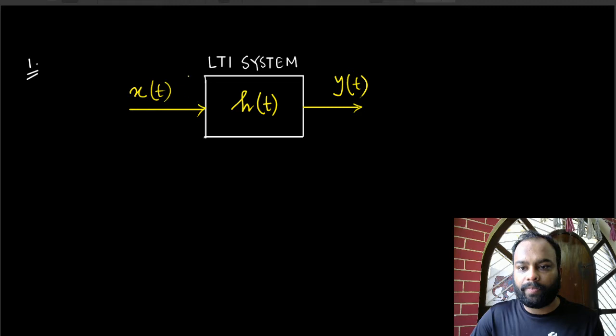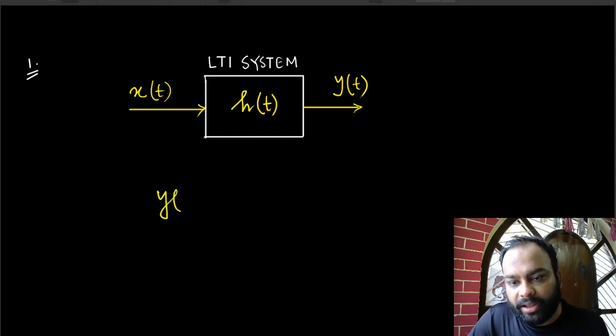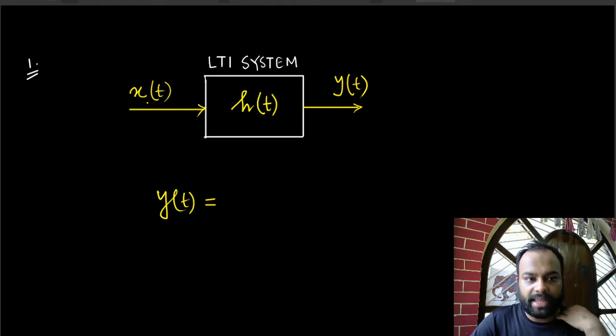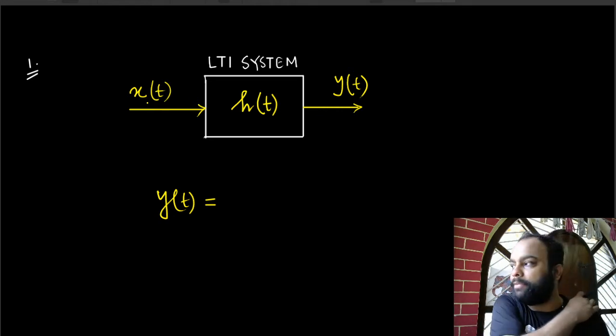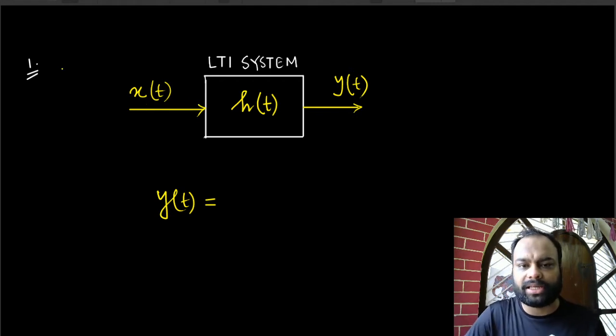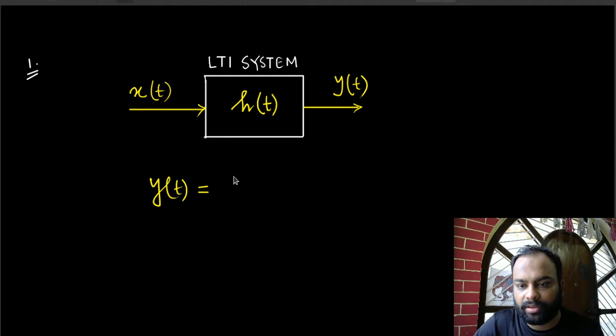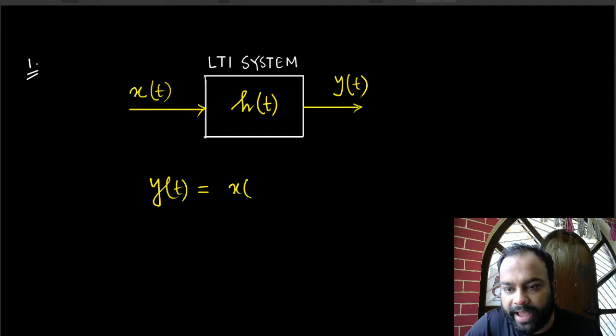For any other signal x(t) that is applied to a system which has an impulse response of h(t), the output can be calculated through something called the convolution of these two signals, the impulse response signal and the input signal.